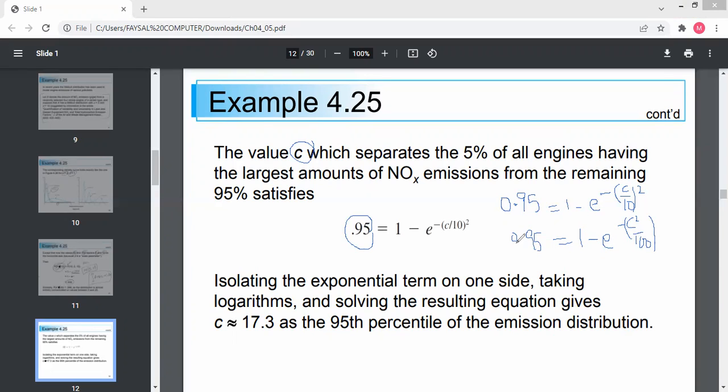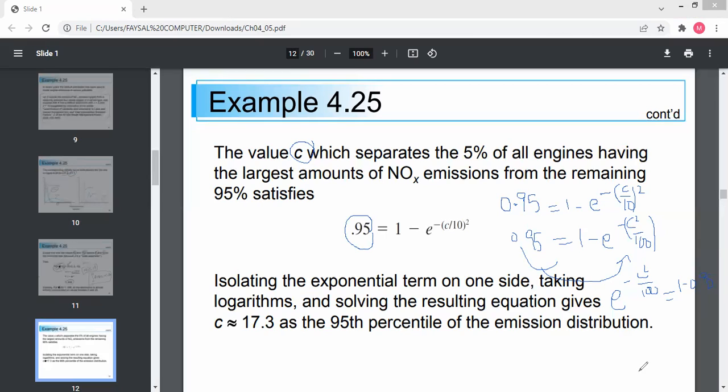So firstly, I have to move this value here. So it will be e to the negative c square divided by 100 equals 1 minus 0.95.